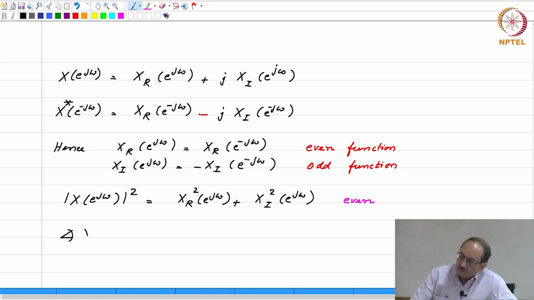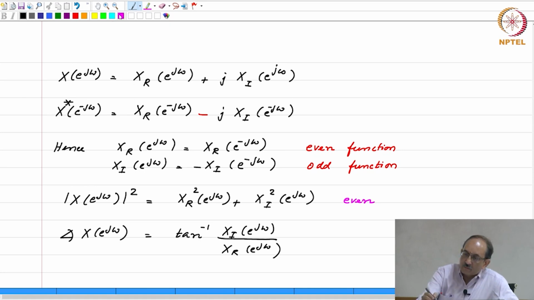And the angle is tan inverse xi by xr, and this is odd.